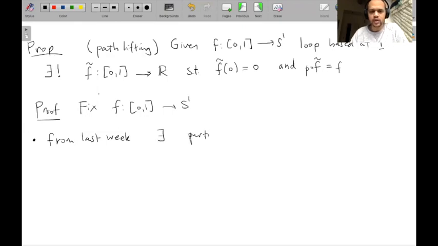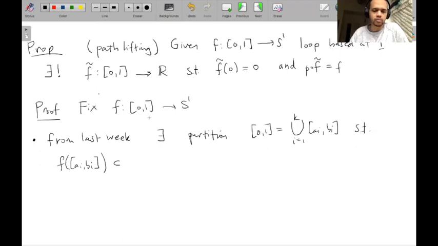We can partition the interval into subintervals, some finite number of them, so that the image of each of these is contained in some, let's say, open hemisphere.